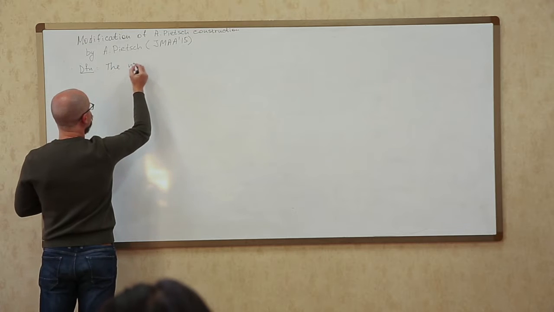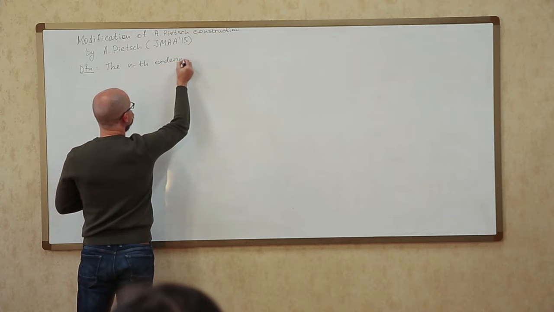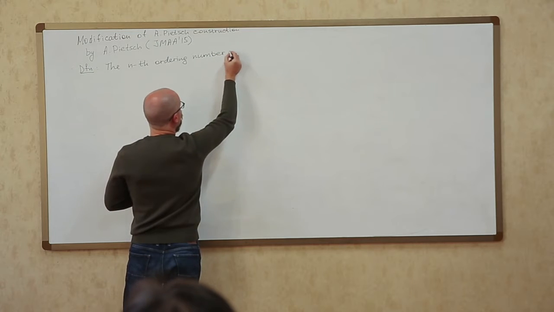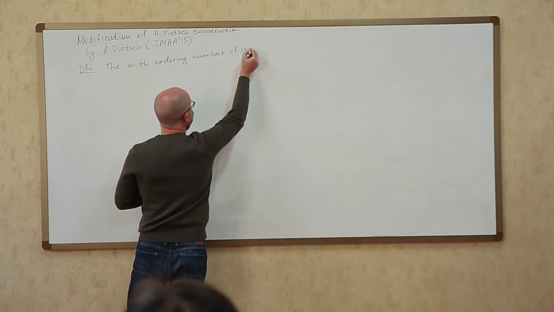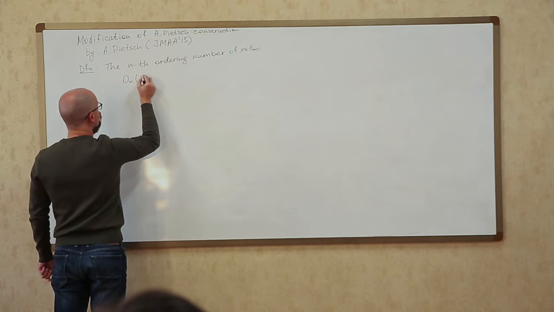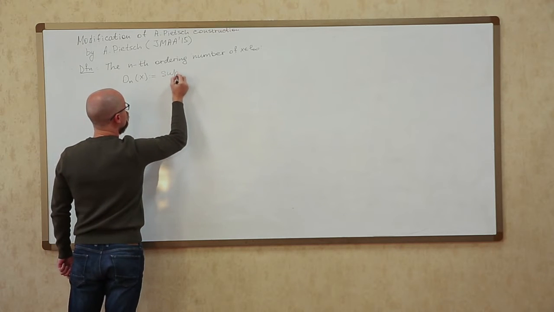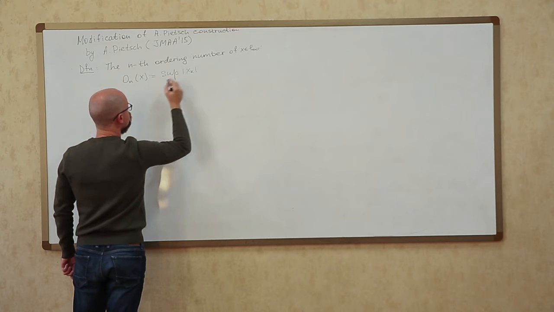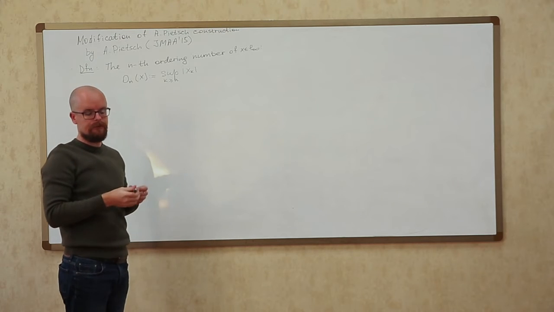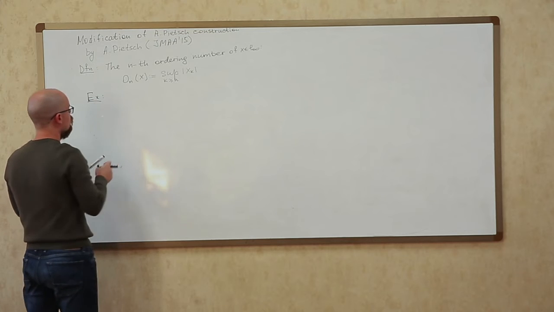The nth ordinary number of a bounded sequence x is defined to be the supremum of the absolute value of x_k over all k greater than or equal to n. Example.